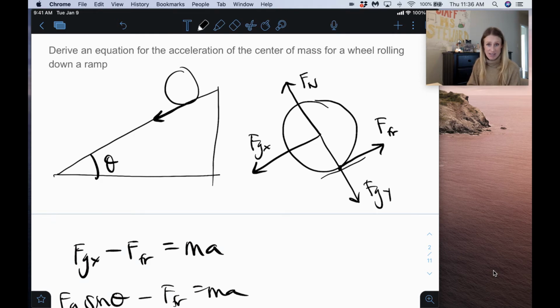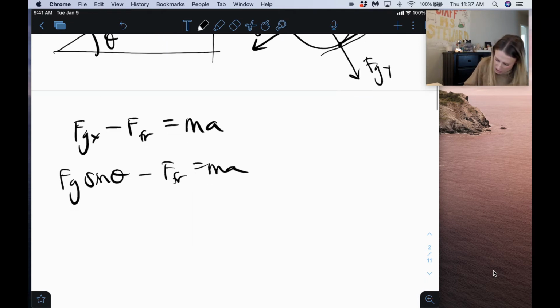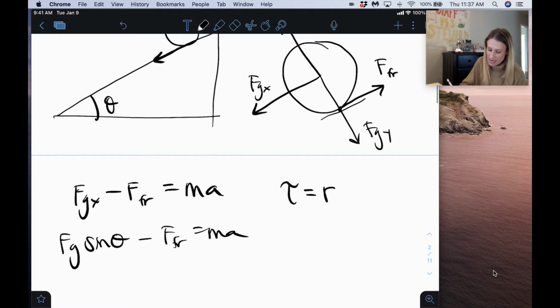Because of that, we want to look at the torque equation in order to get an expression for the force of friction. We know the torque on the object to cause it to rotate down that incline is going to be equal to the moment arm R, which in this case is the radius of our object, times the force that's causing the torque, which in this case is the force of friction.